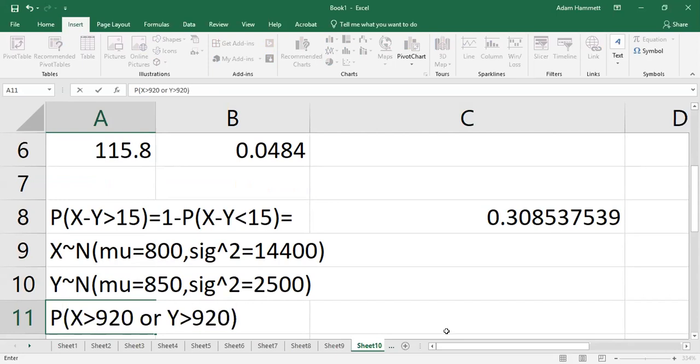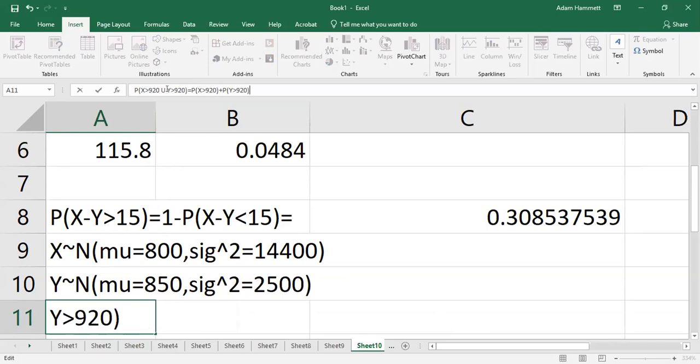Isn't that just a union though? Yeah. So instead of or, I could just say it's a union, right? And this is equal to the probability that X is greater than 920 plus the probability that Y is greater than 920.